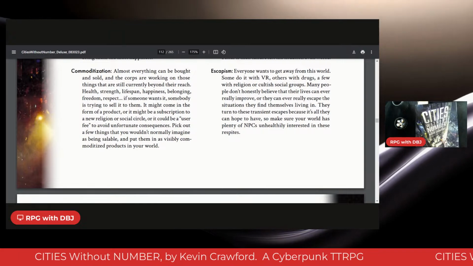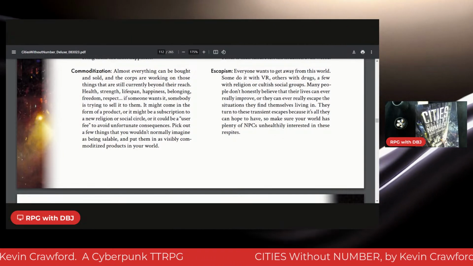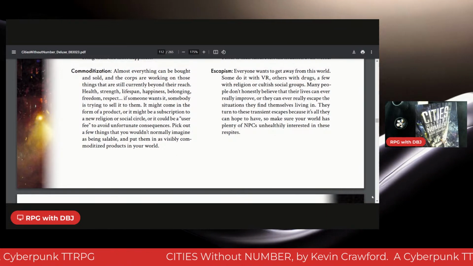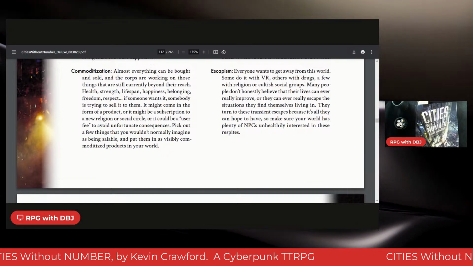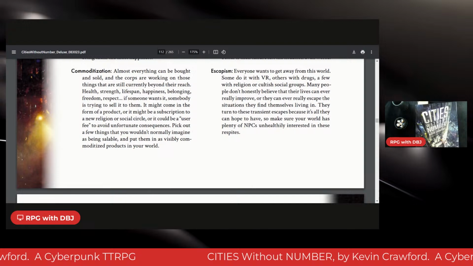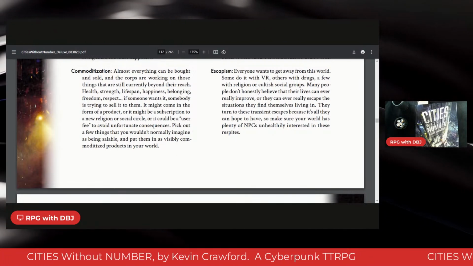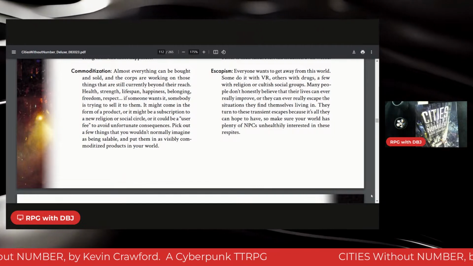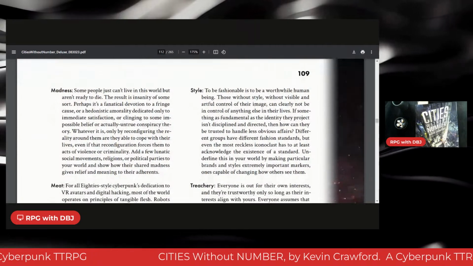And feudalism was growing, and mega corporations were growing and such at that time. Not that it's different, but it just so happens that there were novelists making these predictions, including the word cyberpunk, and predicting the internet. Commoditization, of course, and escapism are two more themes here. We also have madness and style.